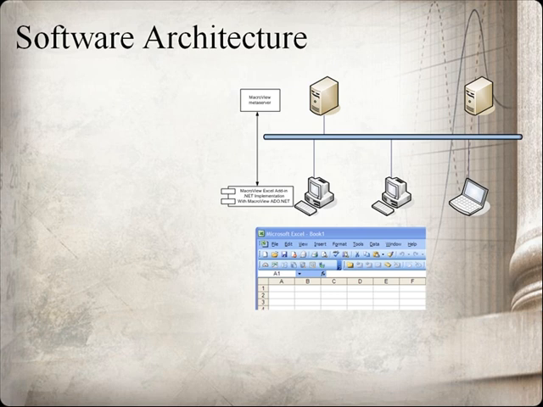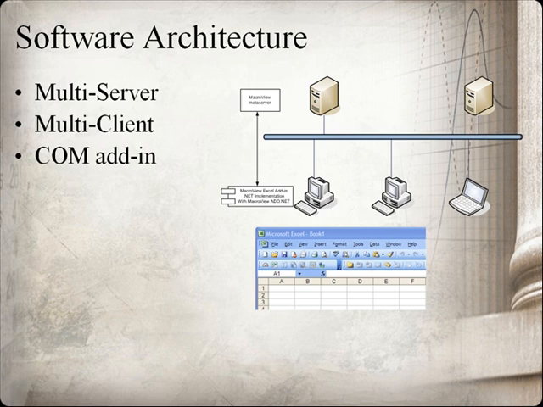So the software architecture for the XL add-in is you have a series of MacroView servers on the network. Each one of them runs a metaserver, and you install a package on a local PC, and that installs a COM add-in. These are technical terms that don't really need to go into unless you're truly interested in the details.